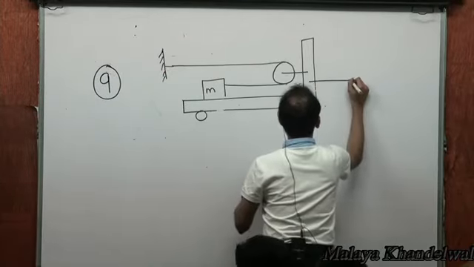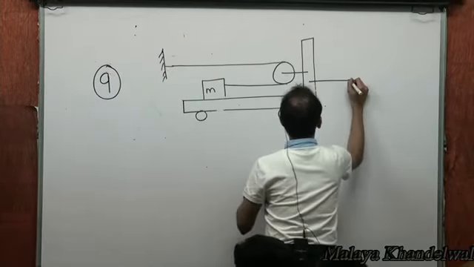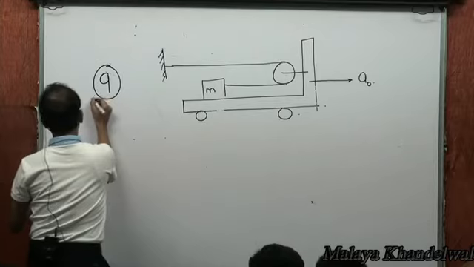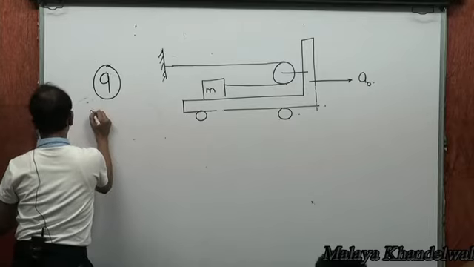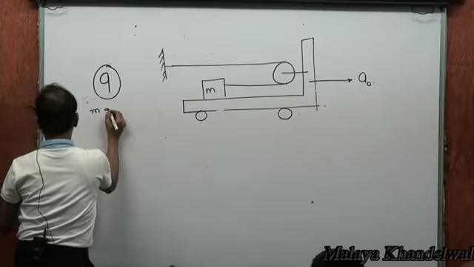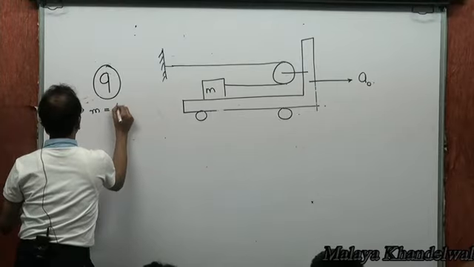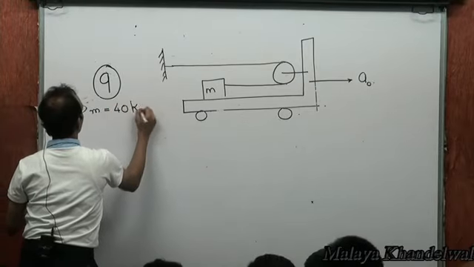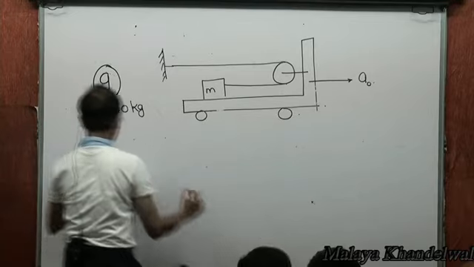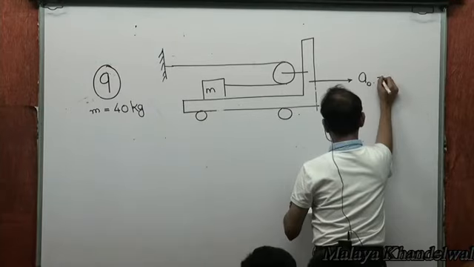And this arrangement has an acceleration a naught to the right. And there is this mass small m, 40 kgs, and a naught is given to be 5 meters per second square.